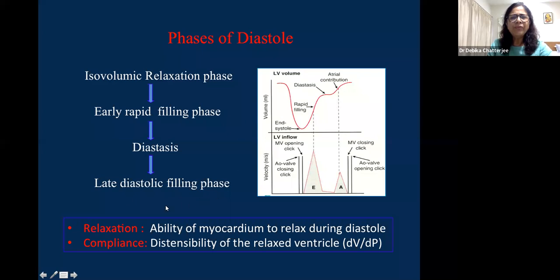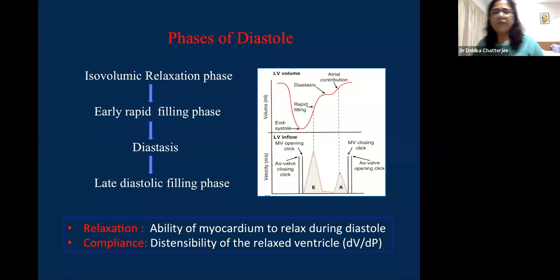So if we look at the phases, there are two factors which are actually responsible for normal diastole. One is the relaxation of the myocardium. As I said, there is removal of the calcium ion from the myocardium, and myocardium relaxes. And next is the compliance. Compliance is, this is the filling phase.